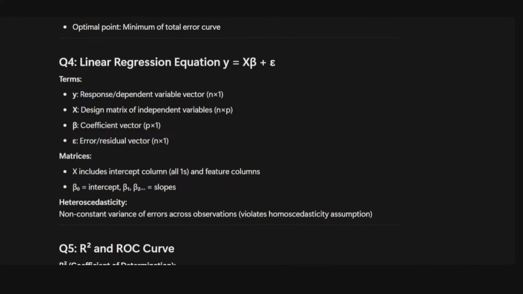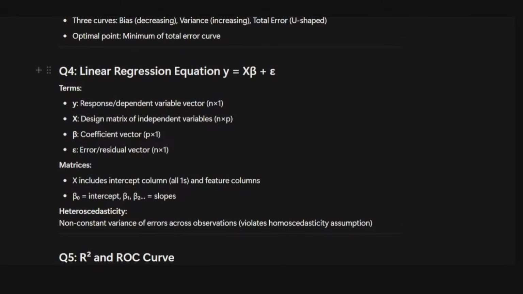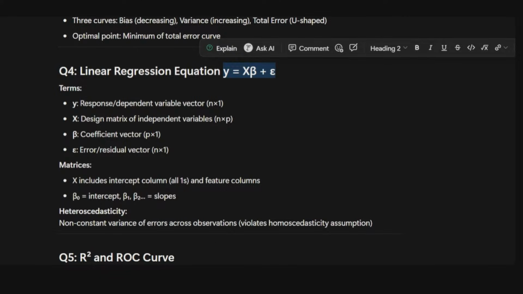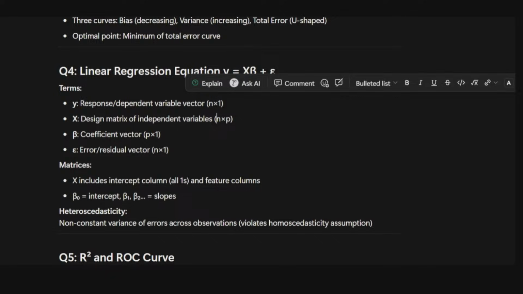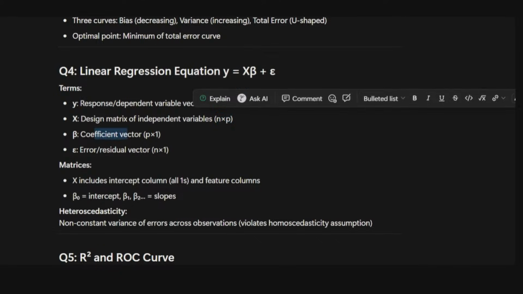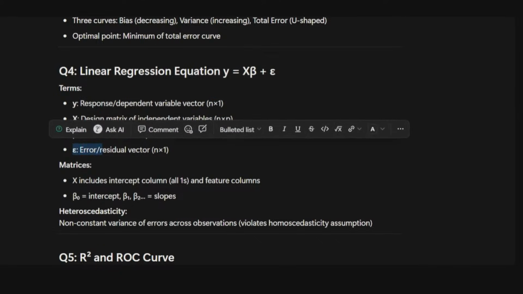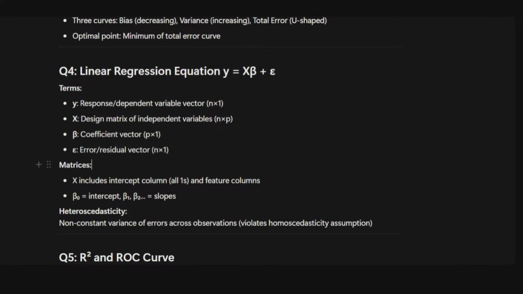Another thing, with respect to the linear regression equation, this is that equation. You just need to say what each of them does first. That is, y is your dependent variable vector, x is your independent variable matrix, beta is your coefficient vector, and e is your error. How do you represent it in matrix form?